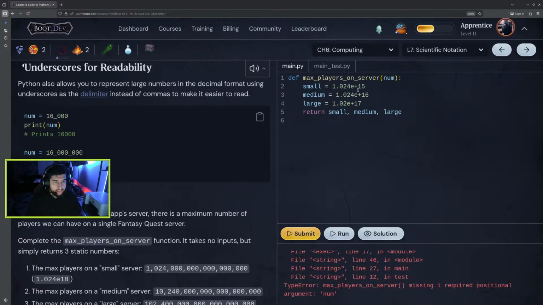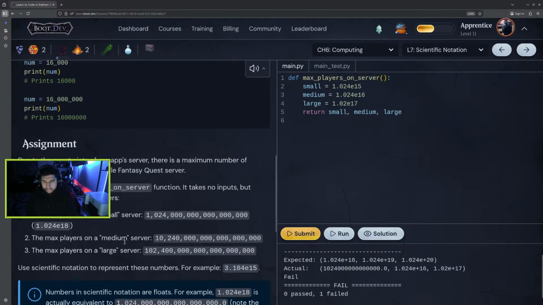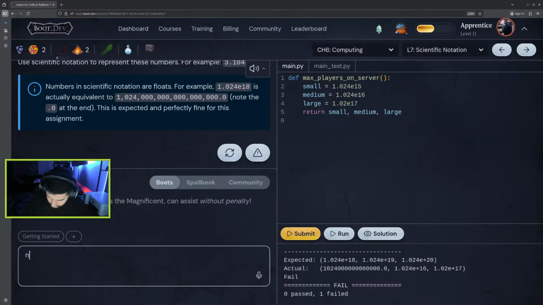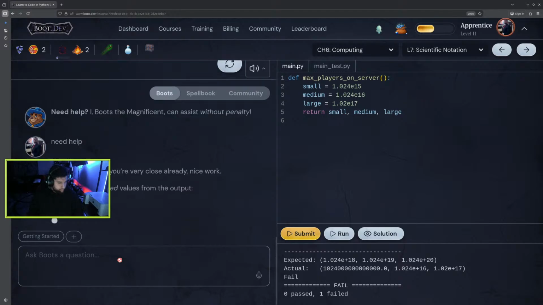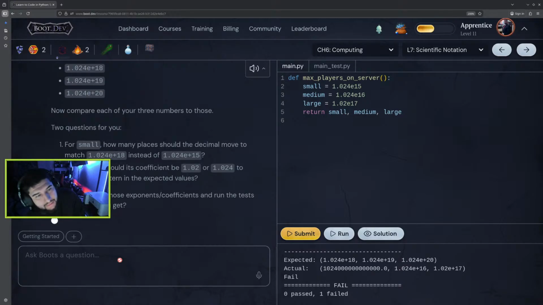No. C++ or C? No, it's Python. It's Python.